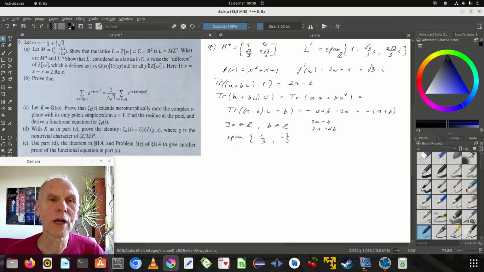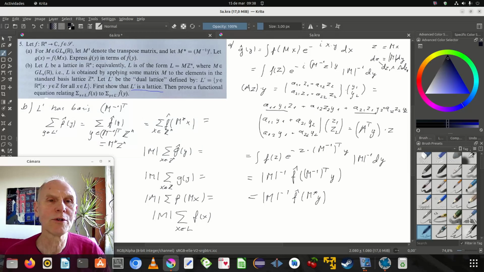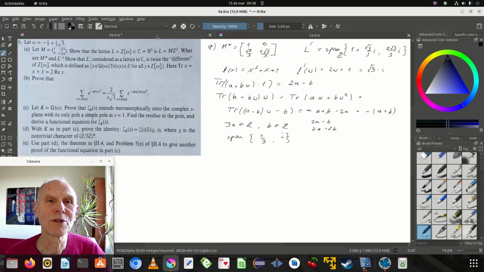So this is the dual ideal of all of the integers, which turns out to be a fractional ideal. But we have already used the term dual in problem 5, so what should one call it? But that did confuse me somewhat.